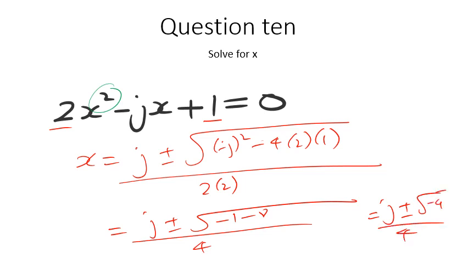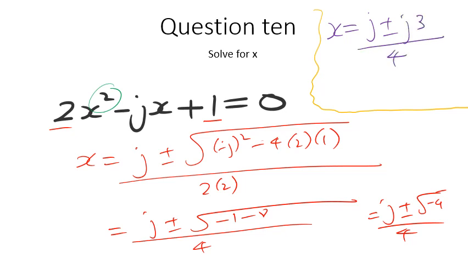But what's the square root of minus 9? Beautiful. So x becomes j plus or minus j3, all over 4.